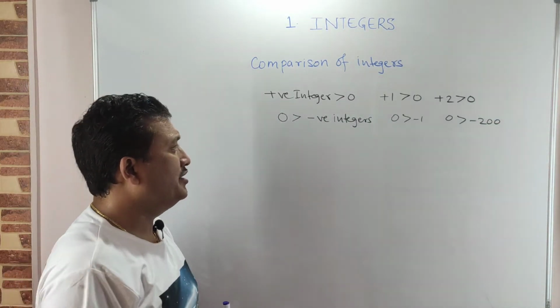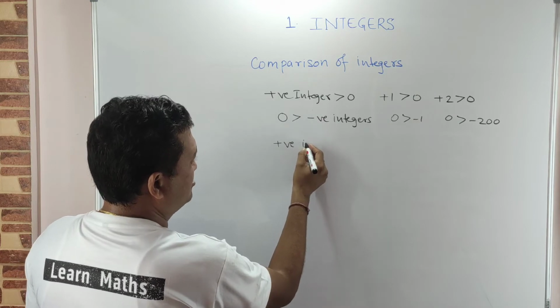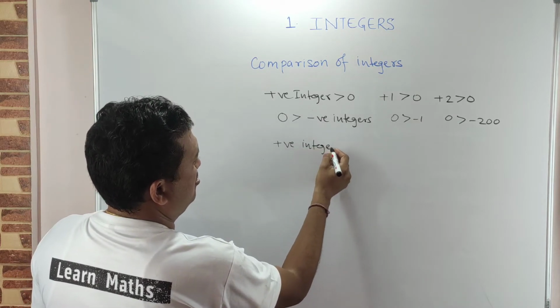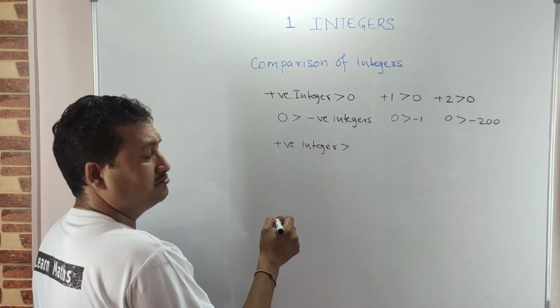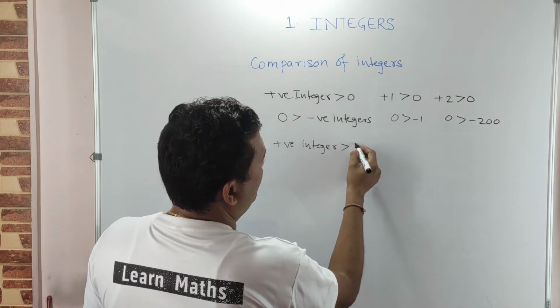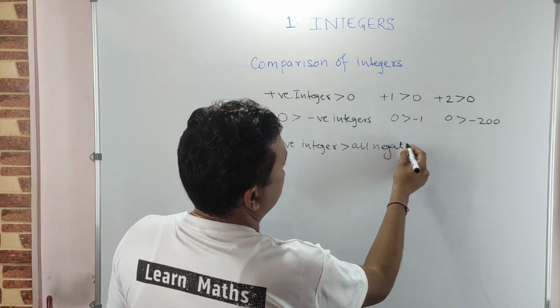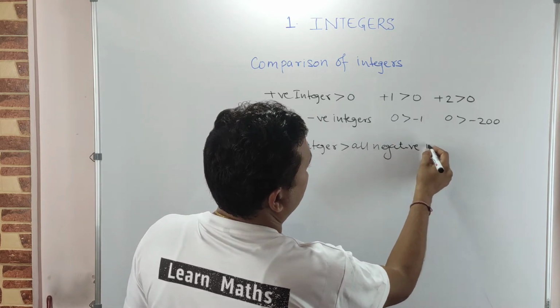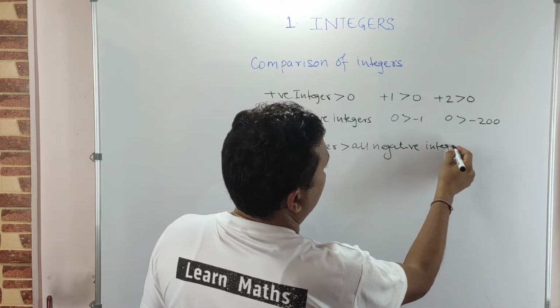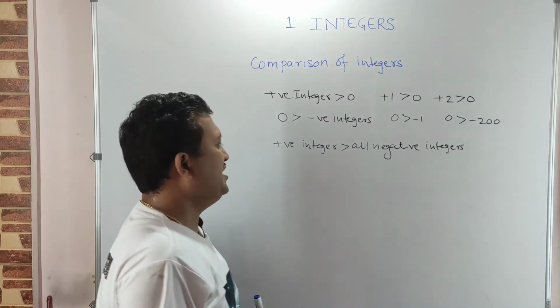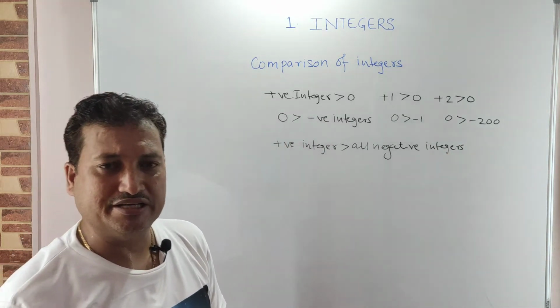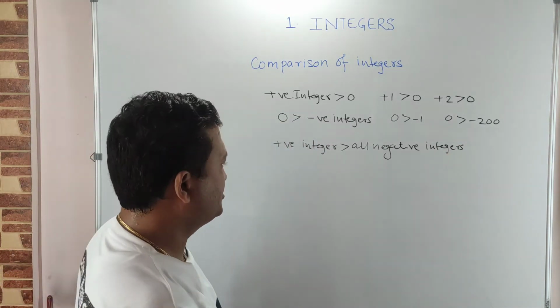And a positive integer is greater than all negative integers. So every positive integer is greater than negative integers.